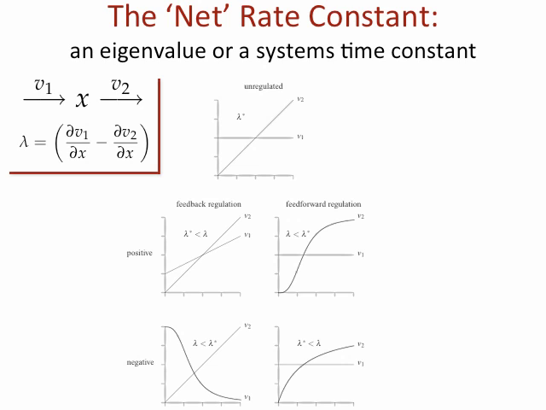If I look at the eigenvalue in this case, lambda, the derivative of V1 with respect to X will be 0. And of course the derivative of V2 with respect to X is just going to be a constant. There is the steady state where the two interact, and the eigenvalue associated with this system when it's unregulated is designated by lambda star.